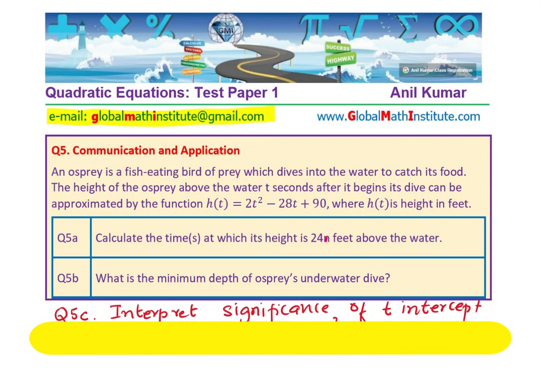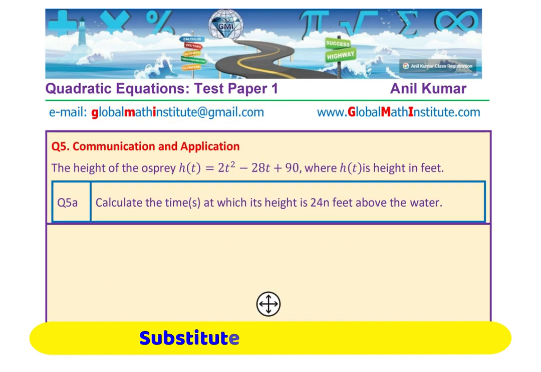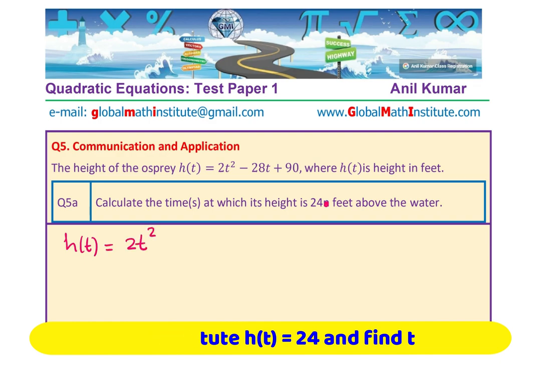Now, let us look into the solution of this question. So, part A is calculate the time at which the height of the bird is 24 feet above the water. So, the equation is given to us. Let's rewrite the equation. h of t is equal to 2t squared minus 28t plus 90.